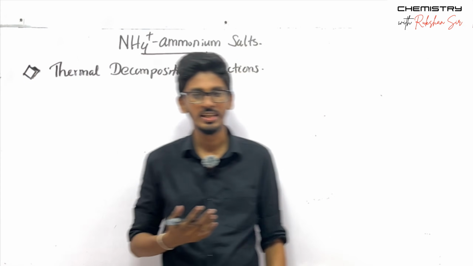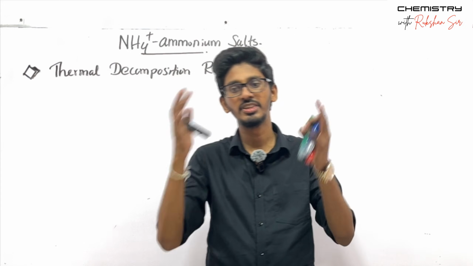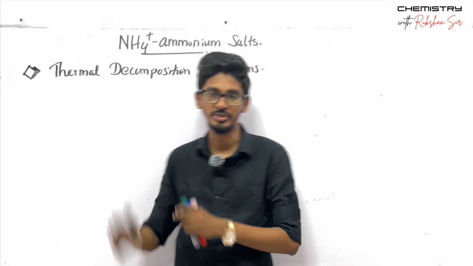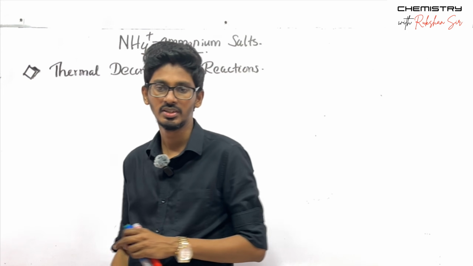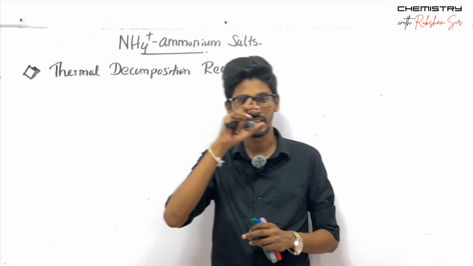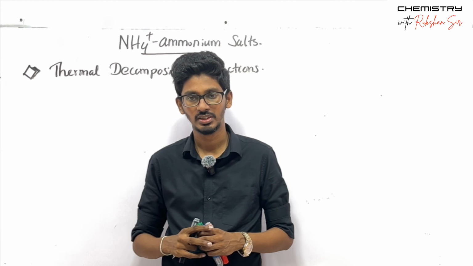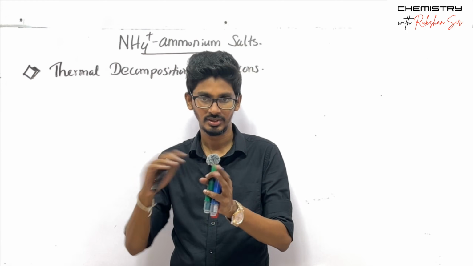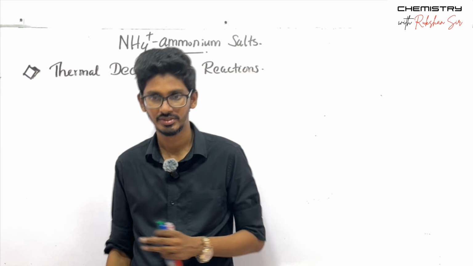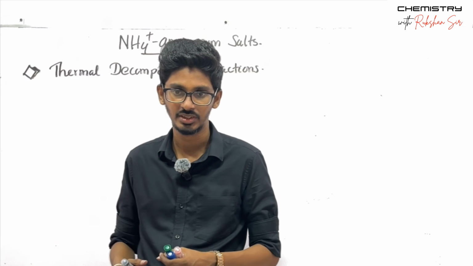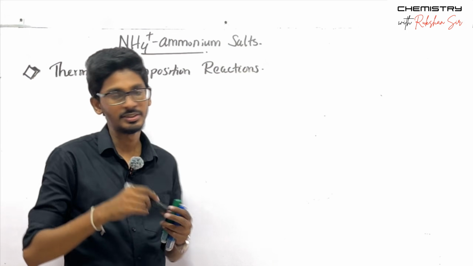Or one can say we have a general trend, and we have some VIPs. So under two categories we will discuss the thermal decompositions of ammonium salts: the general trend, and the VIPs, special guys which are not following the general trend. First, let's discuss the general trend.